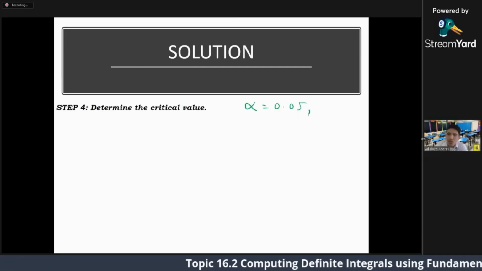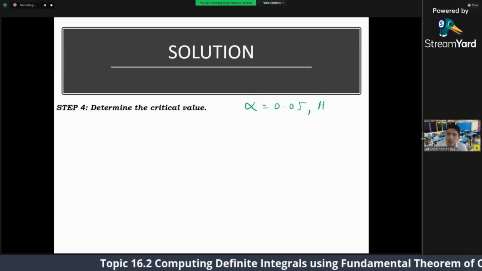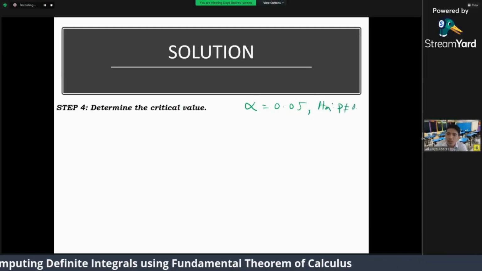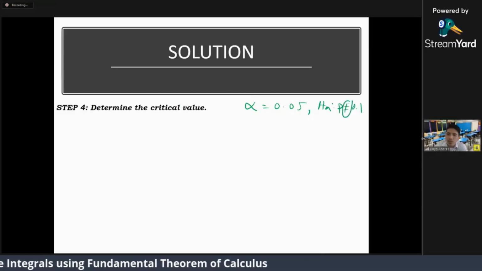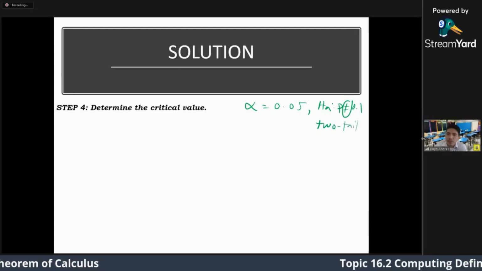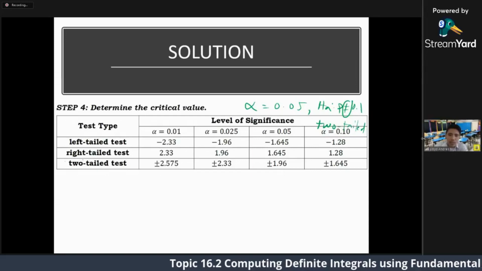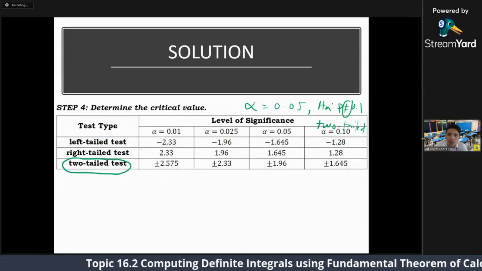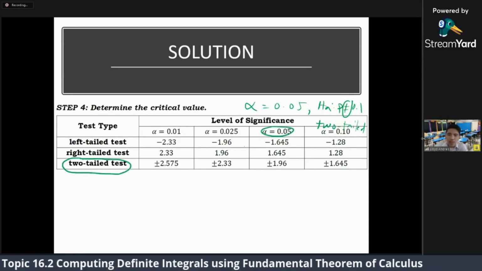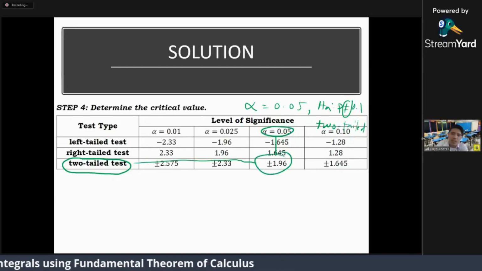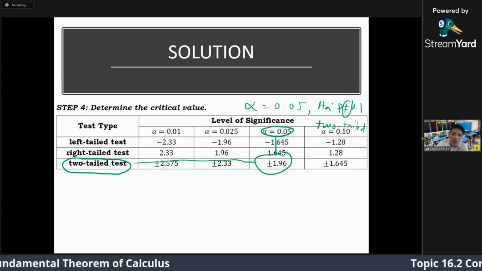Since our H sub A is P is not equal to 0.1, it uses not equal, so we have a two-tailed test. So from that, we look for two-tailed test and 0.05. Therefore, the intersection is positive and negative 1.96, and that will be our critical values.